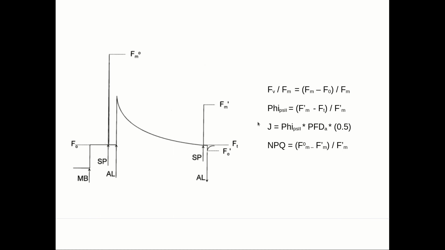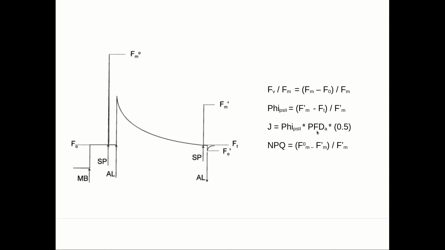And this one is actually very hard to calculate exactly, but we can get an estimate of it. So the J is equal to the phi PS2, so this efficiency of photosystem 2, which is just a proportion of the light energy absorbed by the chlorophylls that are going to photochemistry. And then we just multiply that by the total absorbed light.